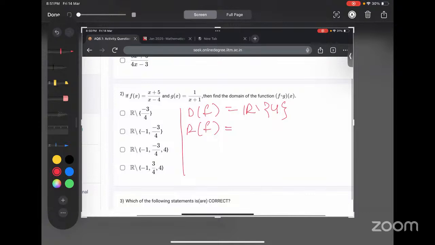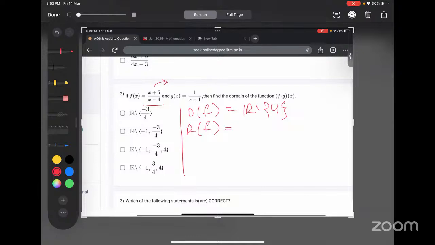Whenever you have some x by x in this form, always try to rewrite it as some constant plus something by x, a function of x. So you have to bring in some value outside that. How can we adjust this? 5 by x by 5 plus 1, x by 5 plus 1, no?